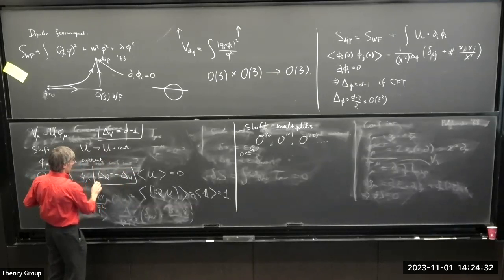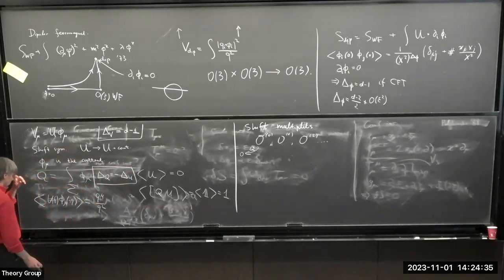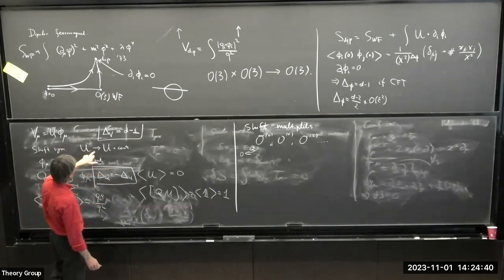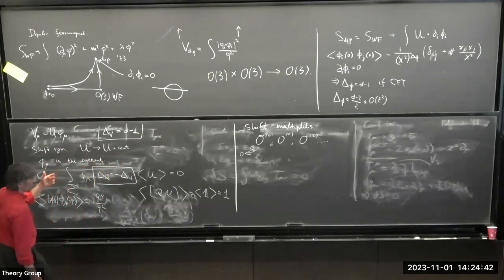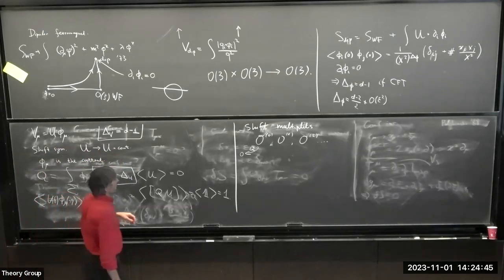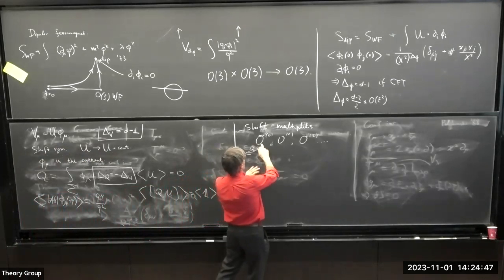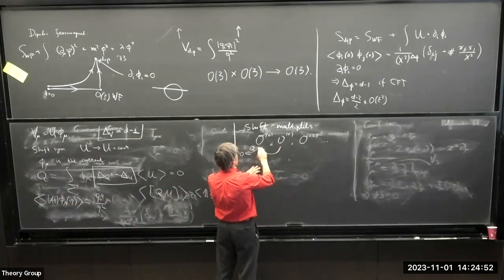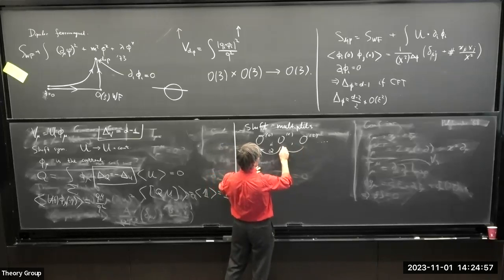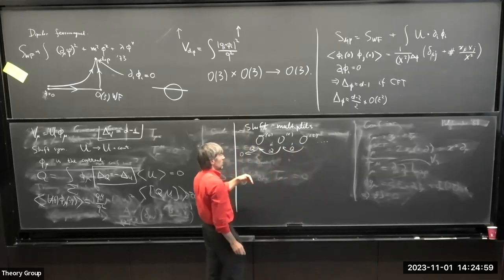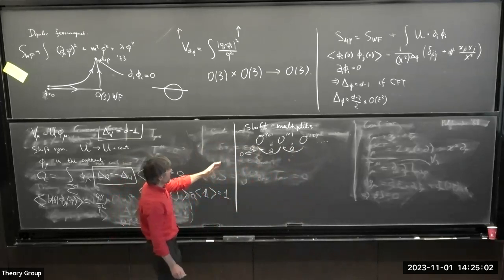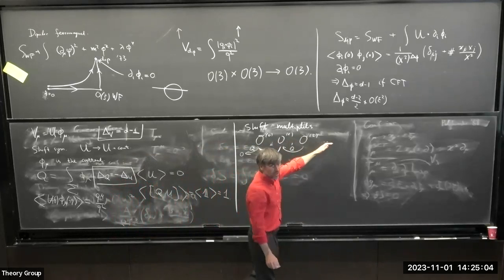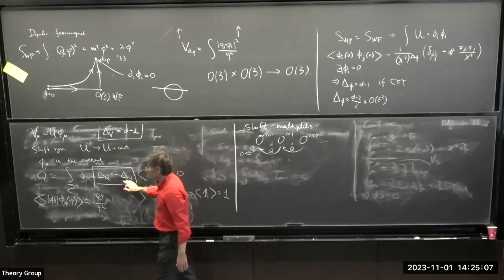Well, it's minus the dimension of u because it maps u to the unit operator, which has dimension 0. So you have this multiplet of operators of ever increasing dimension, with the property that if you act with a shift charge on the next operator, you get the previous operator. So in particular, the dimensions within the shift multiplet are quantized in units of delta U.